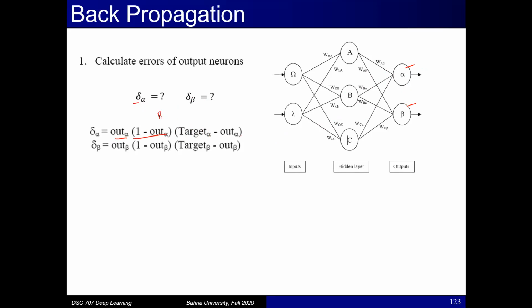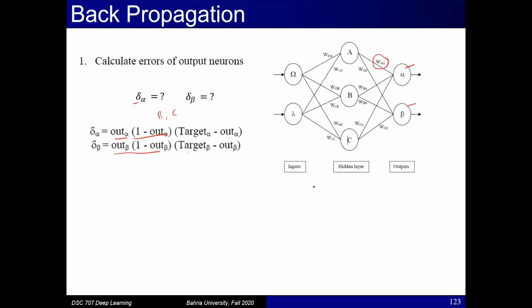Previously, we were calling them B and C. Here, the only difference is we are calling them alpha and beta, so that you see the same thing again and again with different symbols and it gets fixed into your mind. Similarly, computing error at beta, it's output of beta into 1 minus output of beta, again sigmoid, and target minus output.